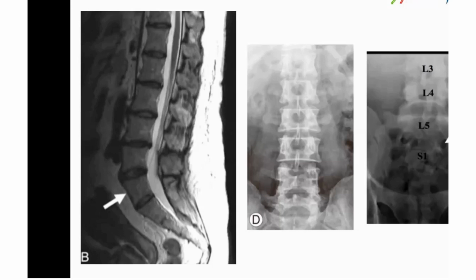Very frequently, you will see these kinds of transitions in the lower lumbar region, lumbosacral transitions, but there's also something called a thoracolumbar transition, which is not that frequent, but we are seeing a lot of thoracolumbar transitions.